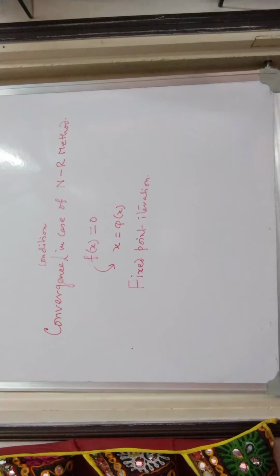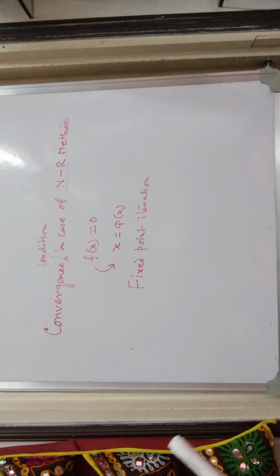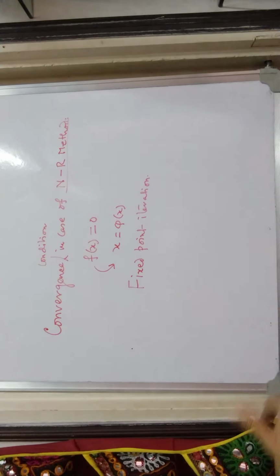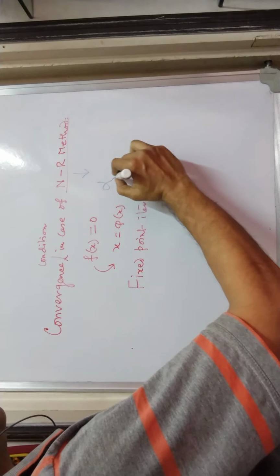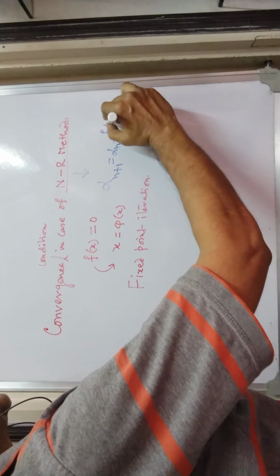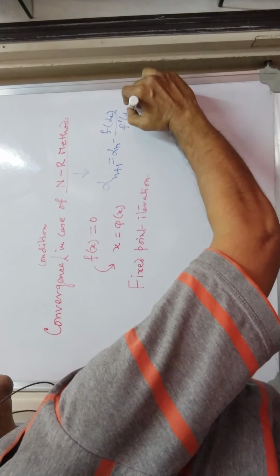As far as this Newton-Raphson method is concerned, the formula of it may be written as, this is an iterative method, and you may write the formula as alpha n plus 1 is equal to alpha n minus f of alpha n by f prime alpha n.